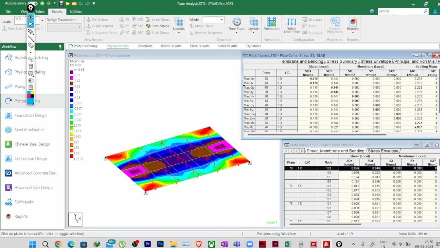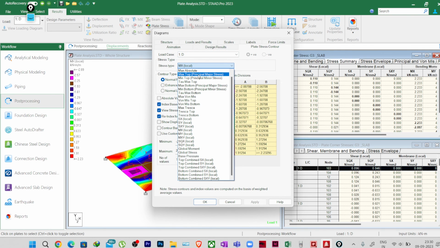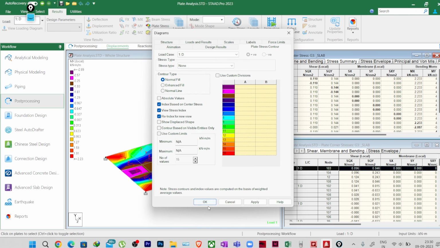See here, the maximum shear stress for this plate. SQX means this. Okay, if I just turn off this plate view, I will make it none, I do not need it actually.